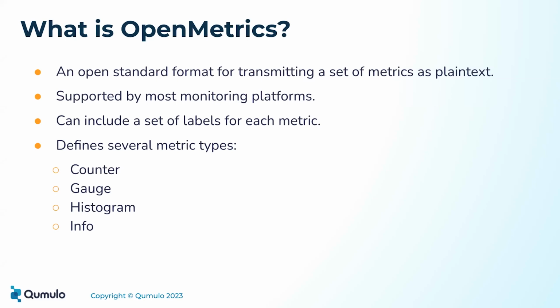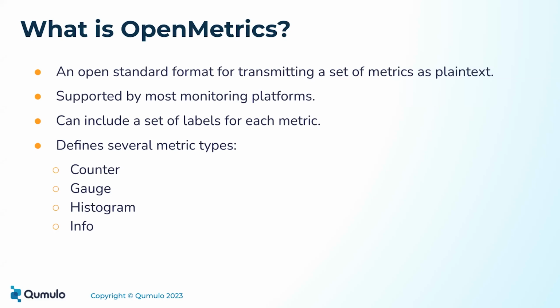So what is OpenMetrics? OpenMetrics is an open standard format for transmitting a set of metrics as plain text. It is supported by most modern monitoring platforms. It can include a set of labels for each metric, meaning that each metric can actually have sub-metrics and information inside of a general category of metrics.